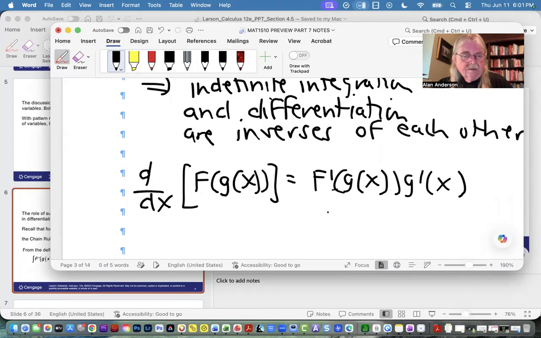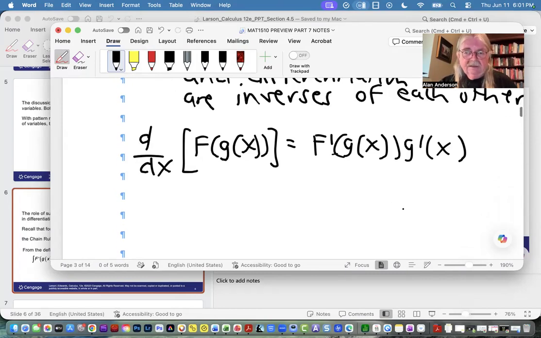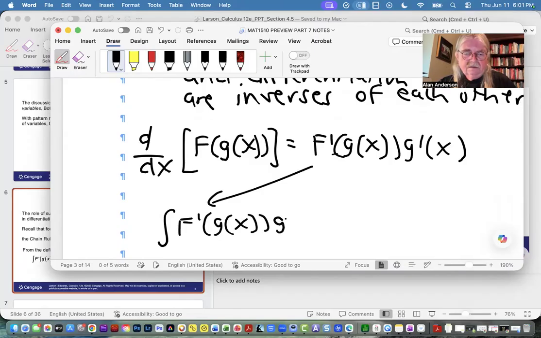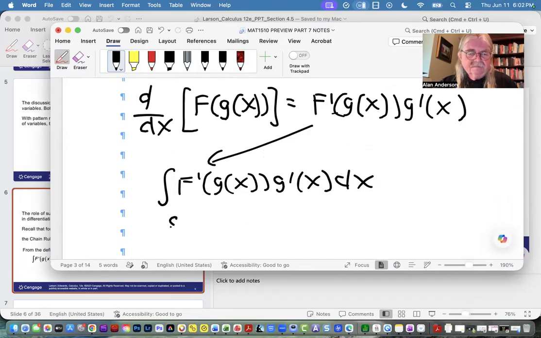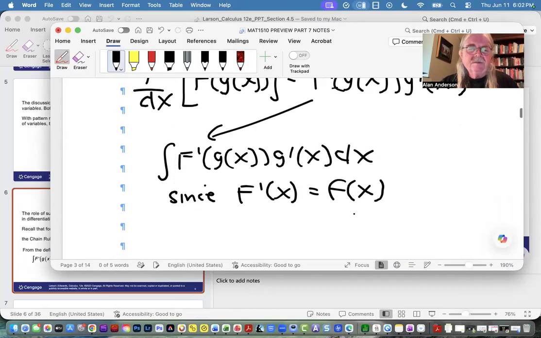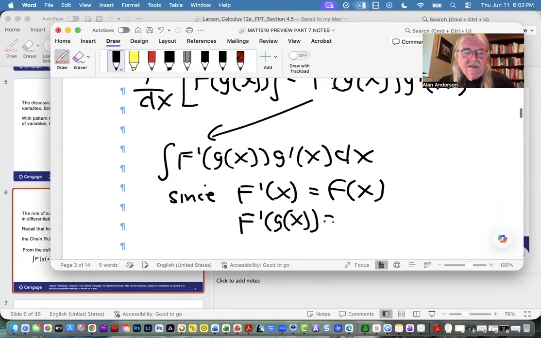Okay, so if I integrate this side, what do I get? All right, well, it turns out, of course, that since these are equal to each other, it must be true that f prime of g of x is equal to f of g of x.